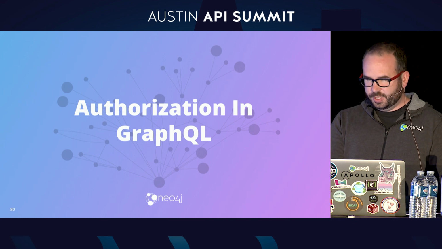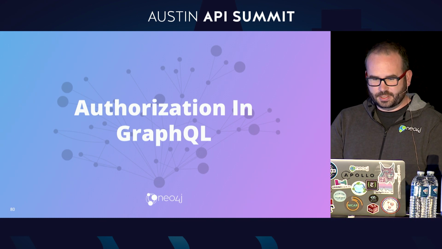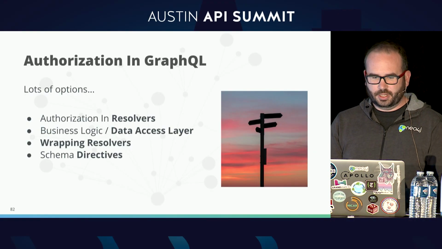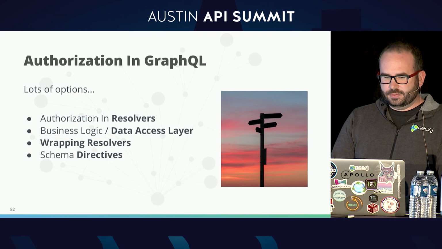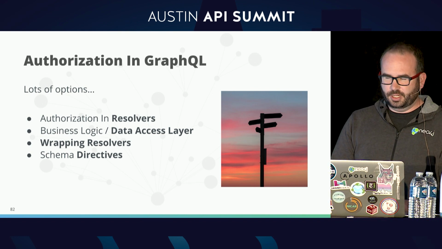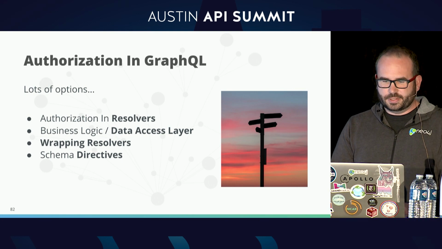Cool, so I have just a few minutes left. I want to talk a little bit about how we handle authorization in GraphQL, and then we'll open it up for questions and discussion. So how do we do authorization in GraphQL? There are lots of options here. We can handle authorization in our resolvers.